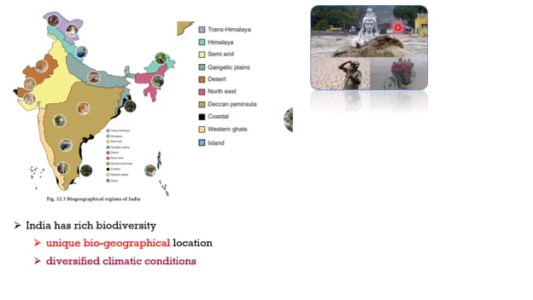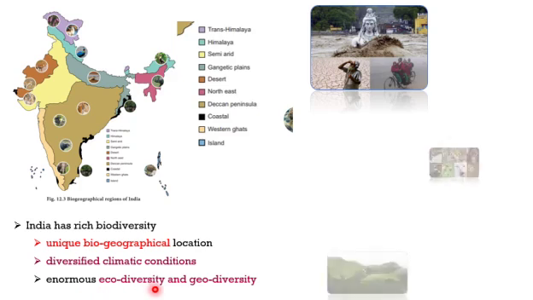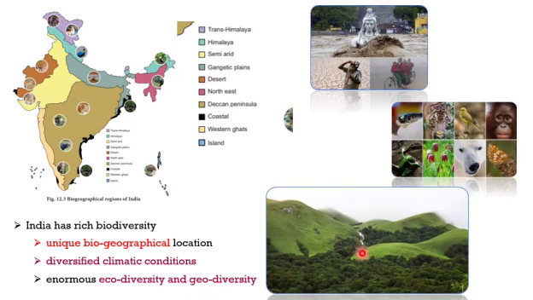Sometimes we receive heavy rainfall, sometimes our country also experiences heavy drought. And as I told you earlier, if you go towards the north, the temperature drops and the environmental condition is really harsh. And we have enormous ecodiversity and geodiversity.